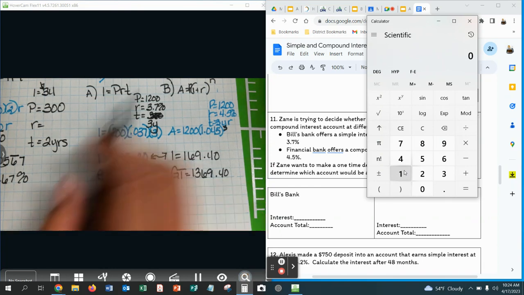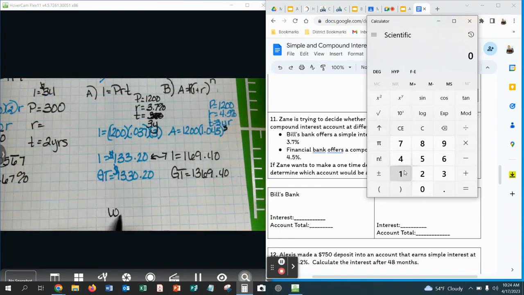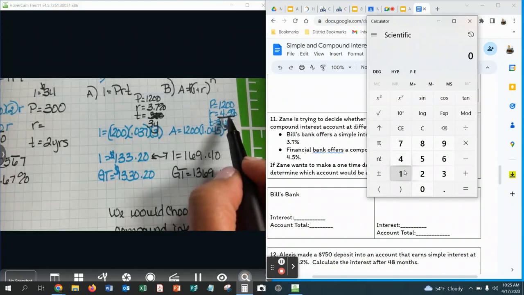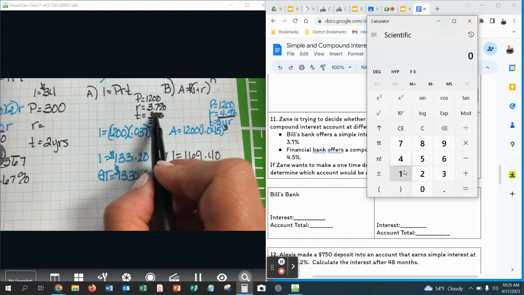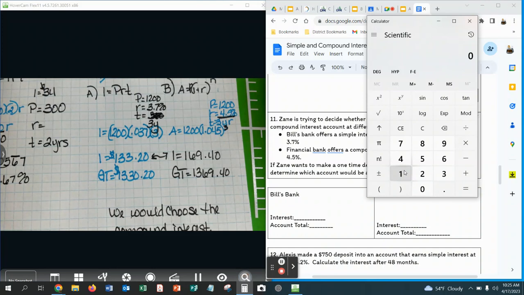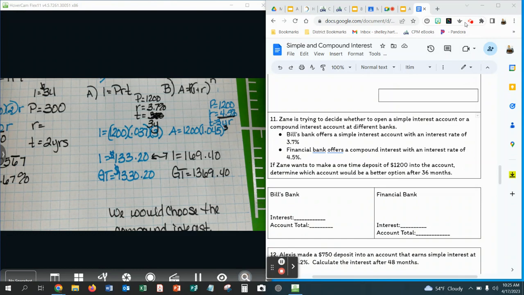So if we were this guy, we would choose the compound interest. Also, did you know that the rate is 4.5% here and only 3.7% here for the simple interest? It's much less than the compound. That's also a trigger.